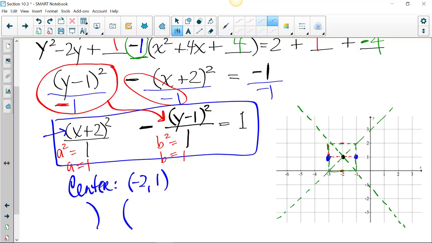My curves open left and right. So there's my graph. Very fun. I hope you love hyperbolas as much as I do.